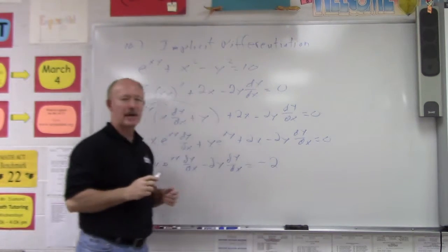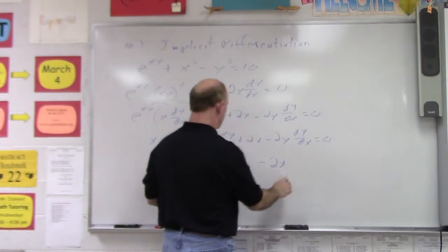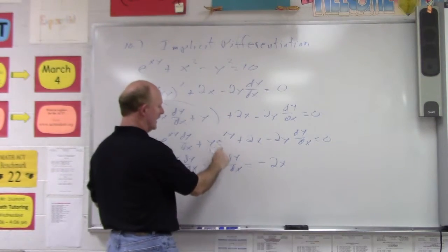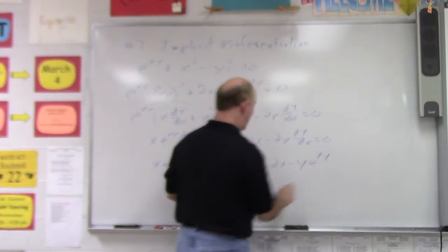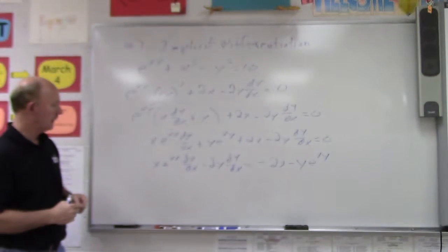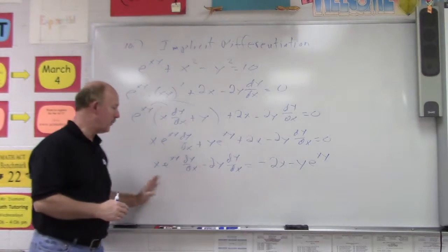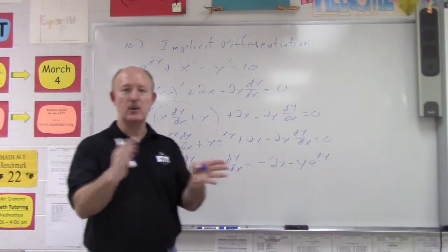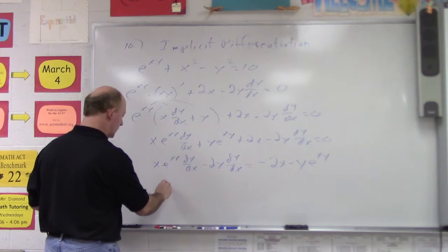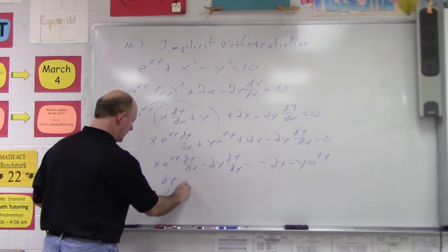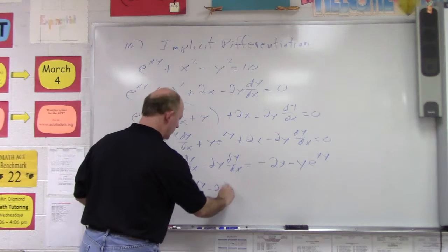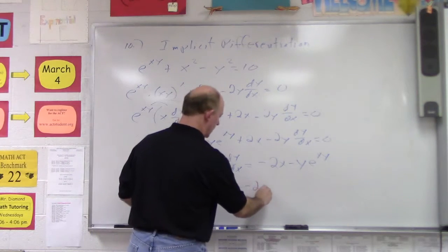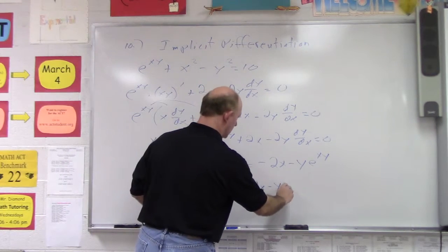When you move it to the other side of our equal sign, will be a negative 2x. This is a positive y e to the xy, will be a negative y e to the x times y. So move that to the other side. Now the 2 terms that have dy dx on them, we're going to factor dy dx off. So now this becomes dy over dx, x e to the xy minus 2y equals negative 2x minus y e to the xy.